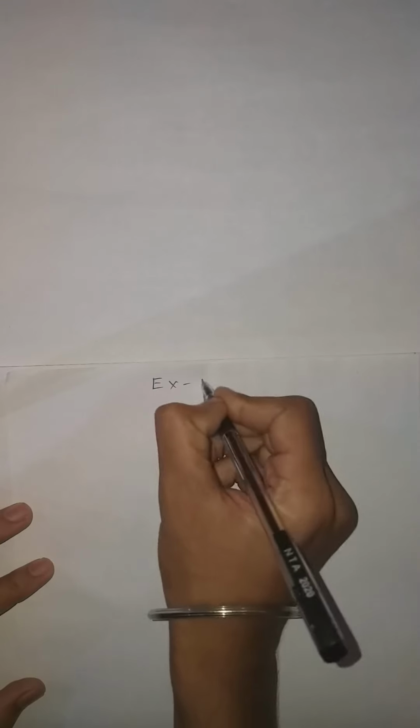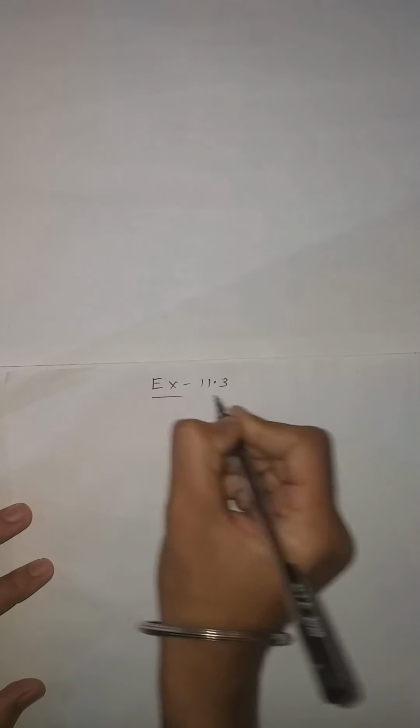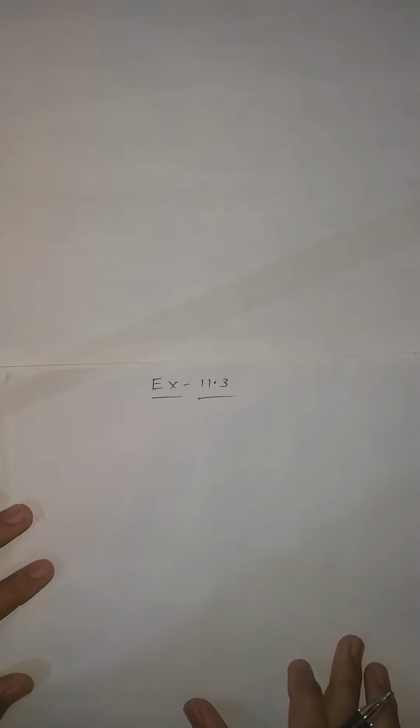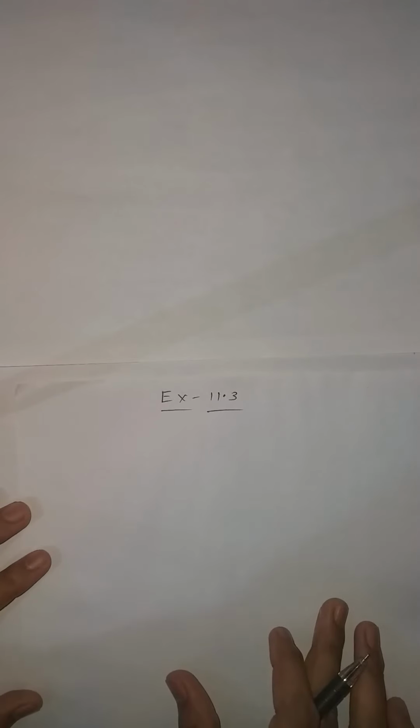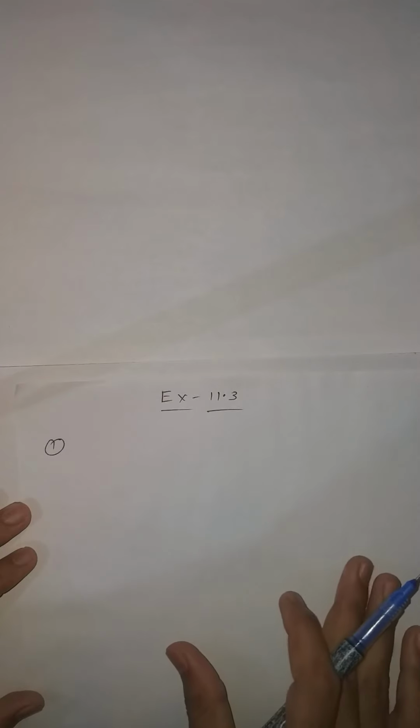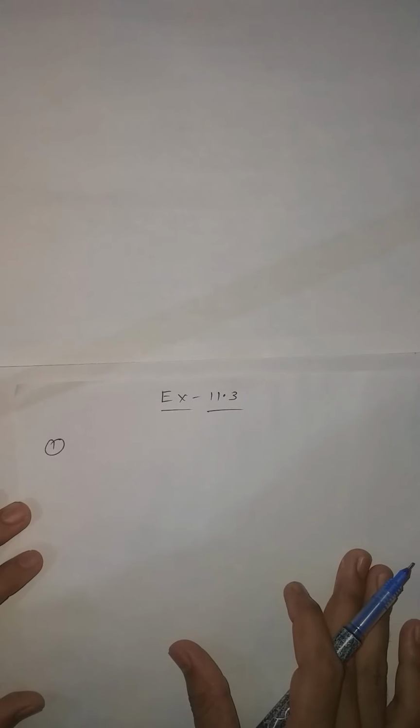Now student, come on, exercise 11.3. Clear, student? Now what is given in this? We will start from question number 1. Question 1 is given: make as many expressions with numbers, no variables, as you can from 3 numbers.